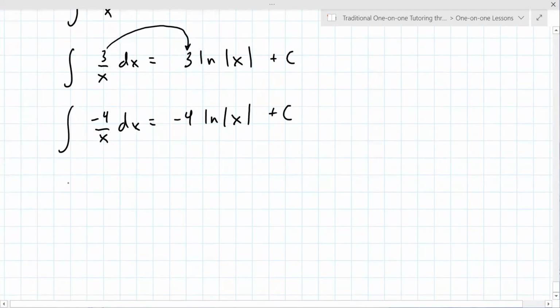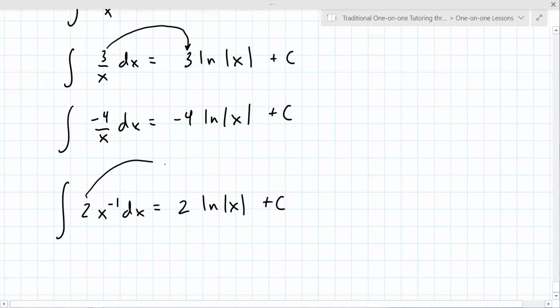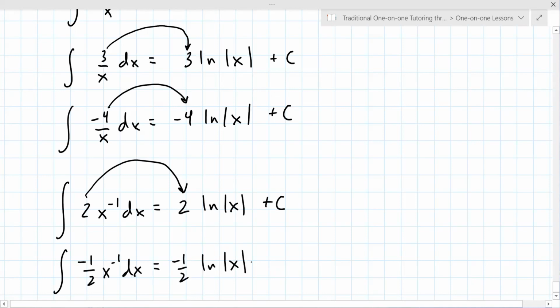If I rewrite it, if I say it's the integral of 2x to the minus 1 dx, it's 2 natural log absolute value of x plus c. So this 2 comes out in front. This -4 comes out in front. Let's say it's the integral of -1/2 x to the minus 1 dx. This becomes -1/2 natural log absolute value of x plus c.